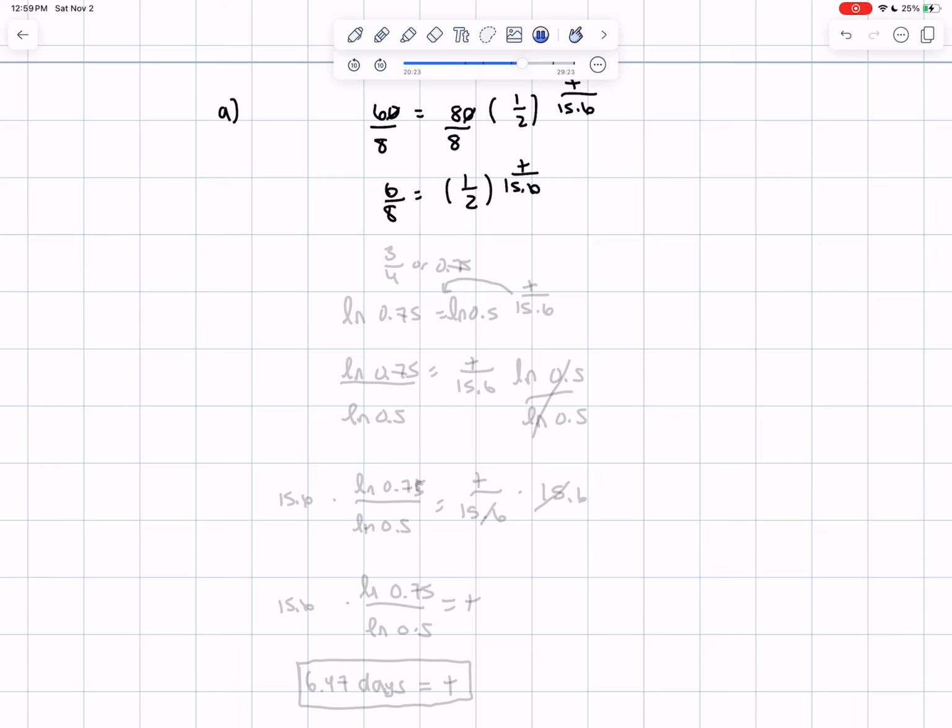We know that 6 over 8 can reduce, so 6 over 8 gives me 3/4, or 0.75. I'm going to put it in decimal because that's easier. So 0.75, and I make 1/2 0.5, to the T over 15.6. And then make sure we put our ln or our log. And then we have an exponent, so I want to move the exponent to the front.